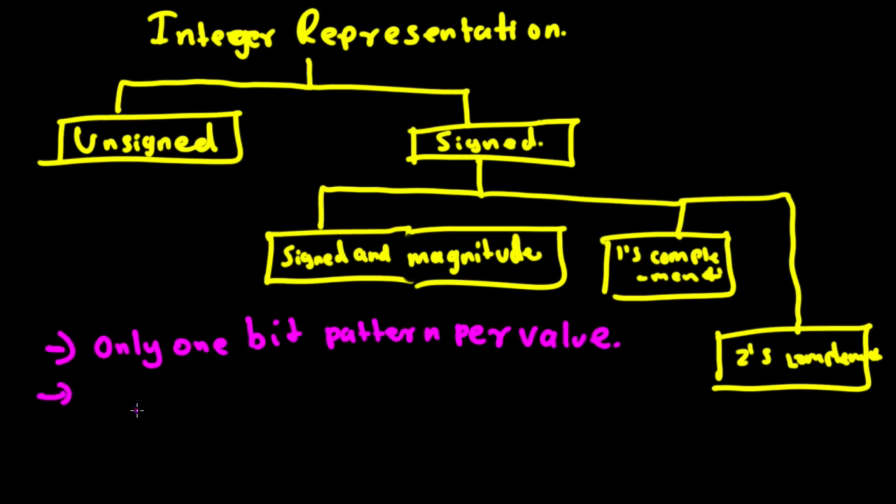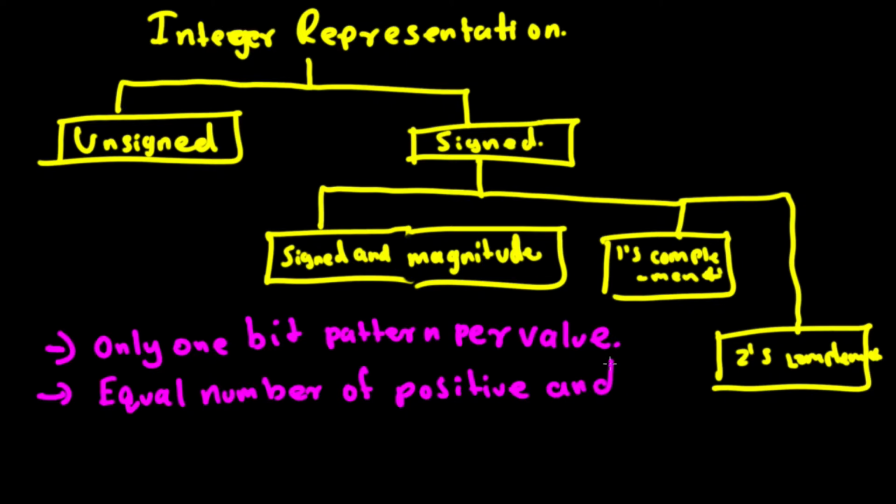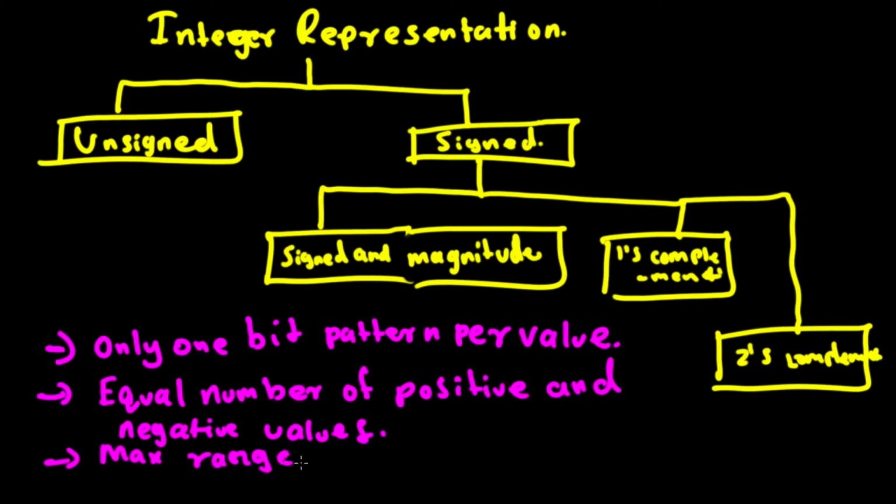The next thing is equal number of positive and negative values. The third one is max range of values. The fourth one is no gaps in the range.